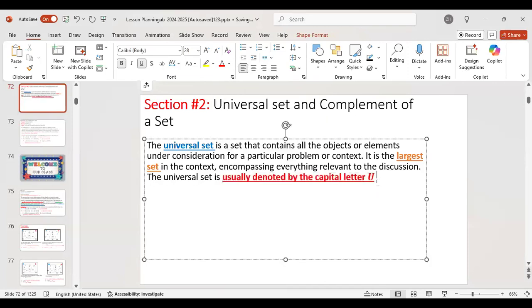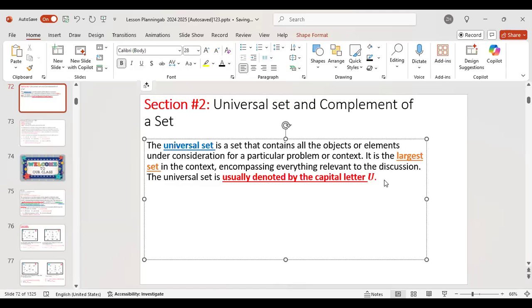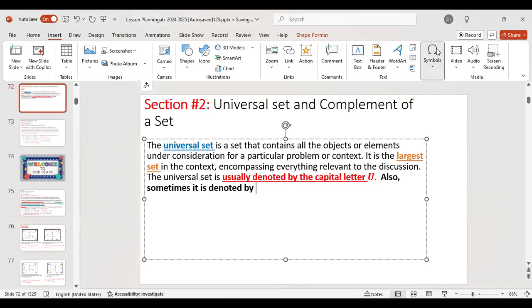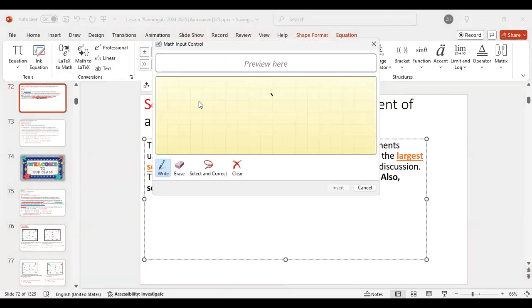Okay. There's also another way in which we can write the universal set. So this is also sometimes denoted by, and we call this one epsilon, the Greek letter epsilon. So epsilon is going to look like a backwards 3.